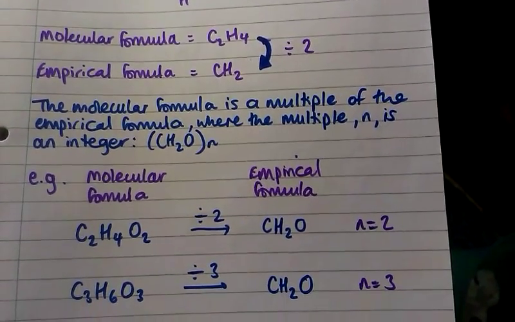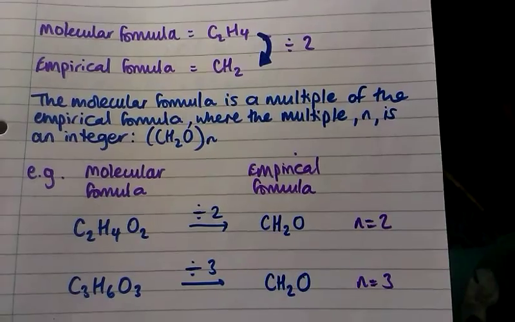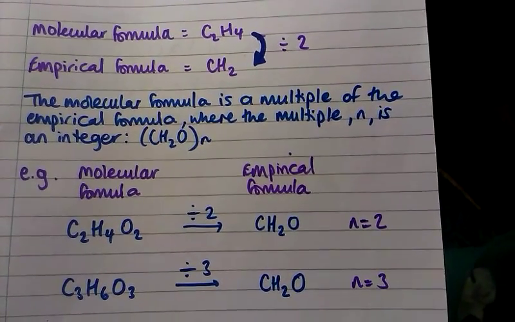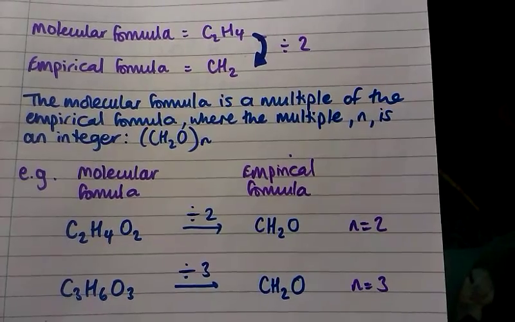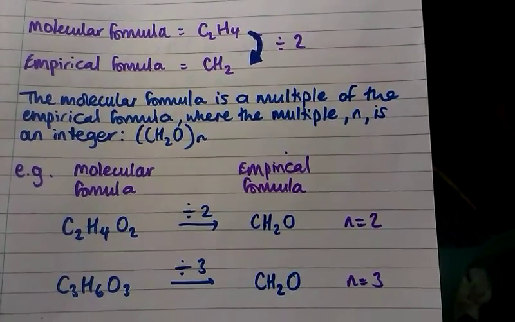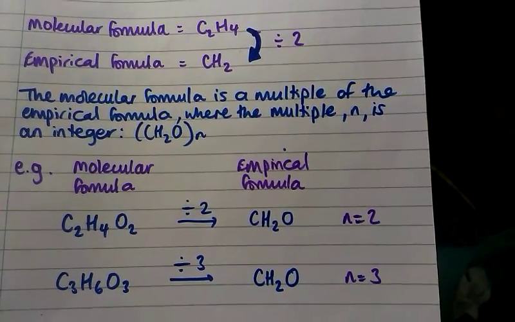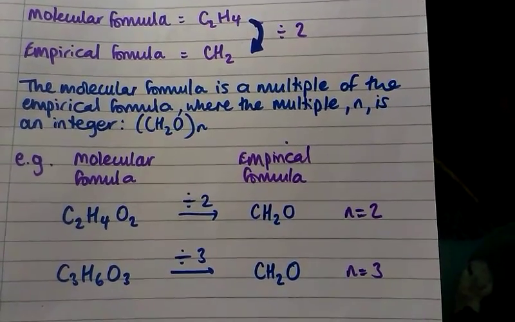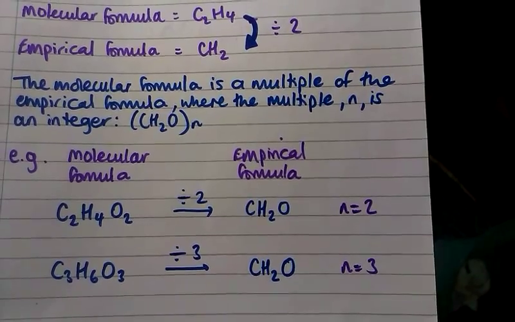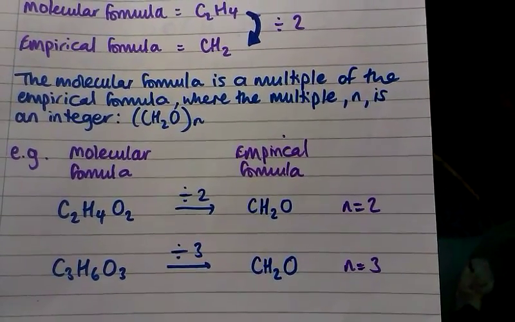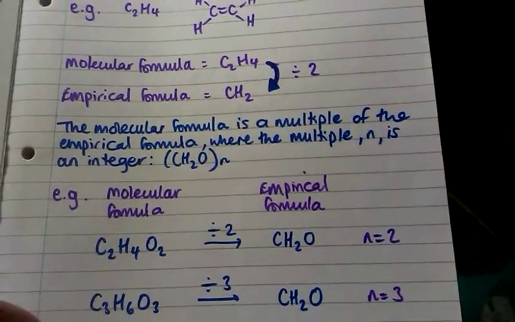And again, if we have the molecular formula as C3H6O3, what number divides into both 3 and 6? So here the answer is 3, to give us CH2O, where the multiple n is 3. So both of these compounds have the same empirical formula, but different molecular formulas.